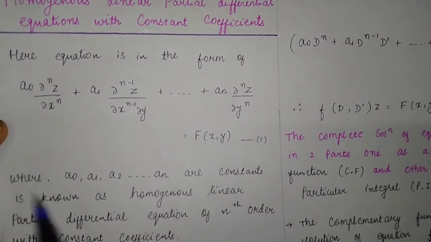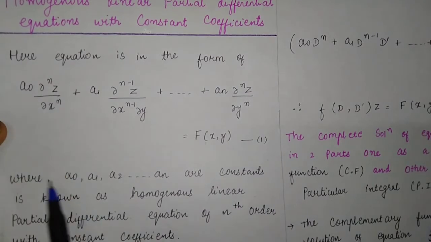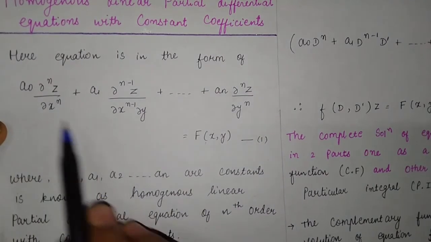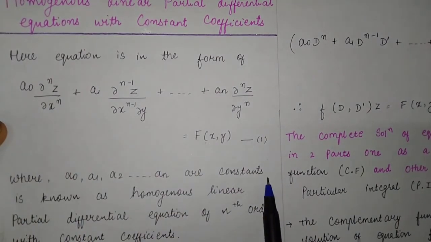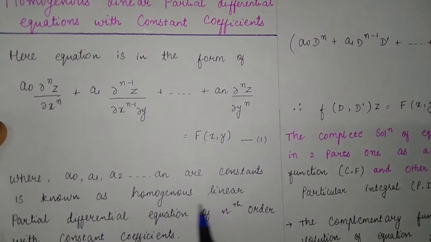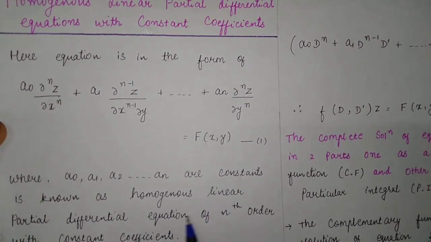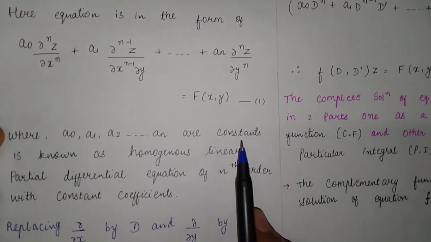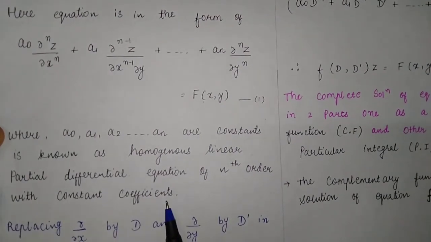Okay. Then from this, here a0, a1, a2, an, these are all constants and they are known as homogeneous linear partial differential equations of nth order with constant coefficients.